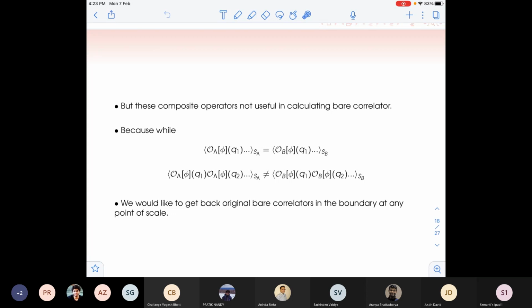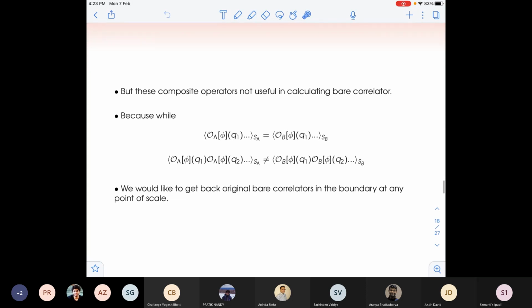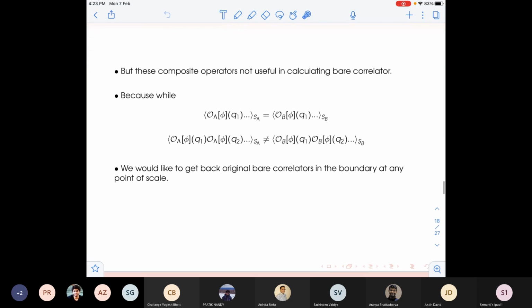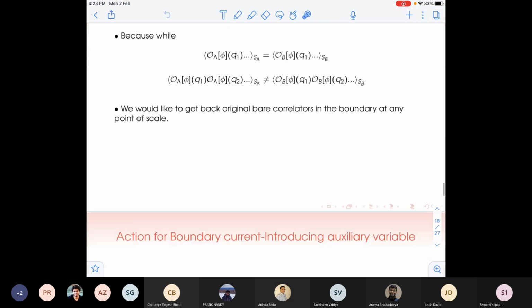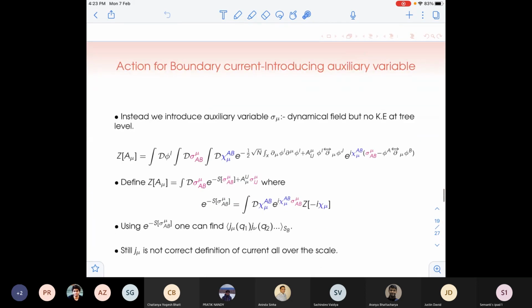We would like to get it back, so that's why this is not useful. We want to define a variable such that it can give back the bare correlator at any point of the RG flow. So that's why we will not use this definition of composite operator.